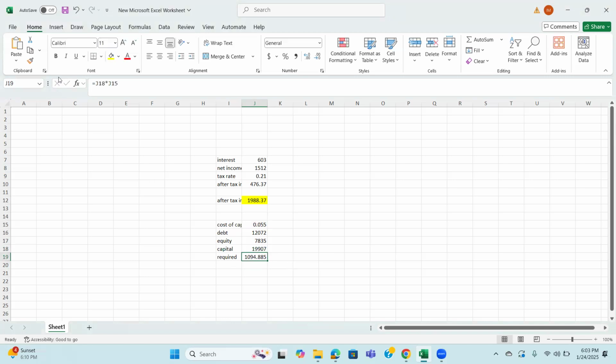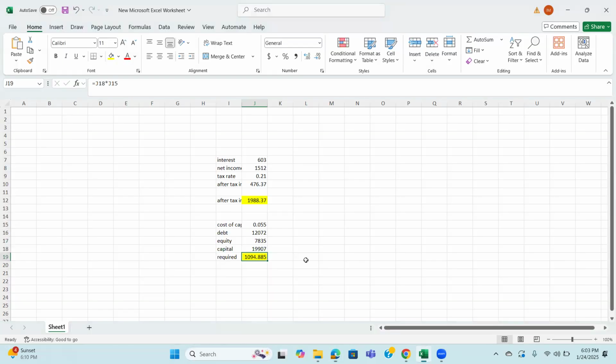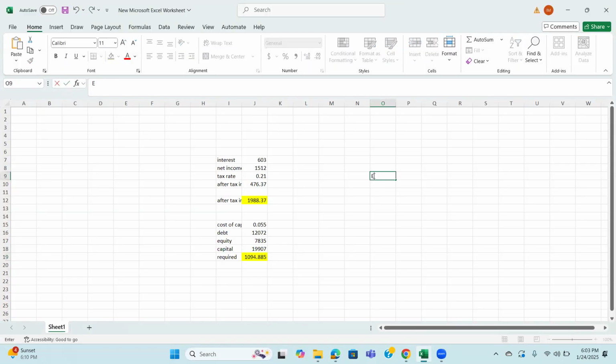So this should be the answer for the required amount by Kruger's investors. So far so good. All right. So we have to just see the formulas and plug the values there to get our expected answers.